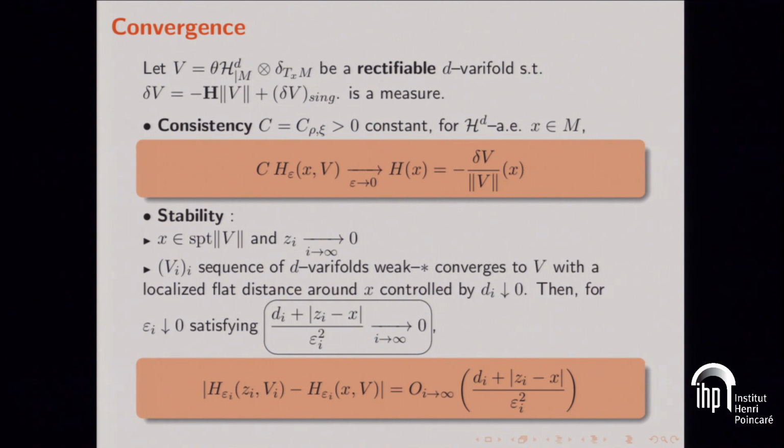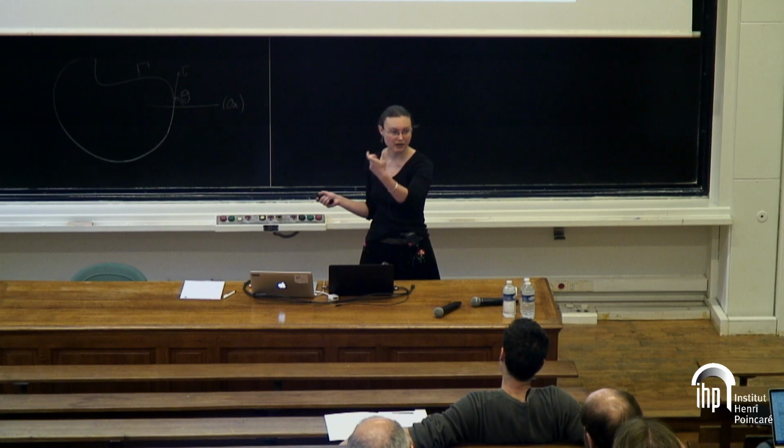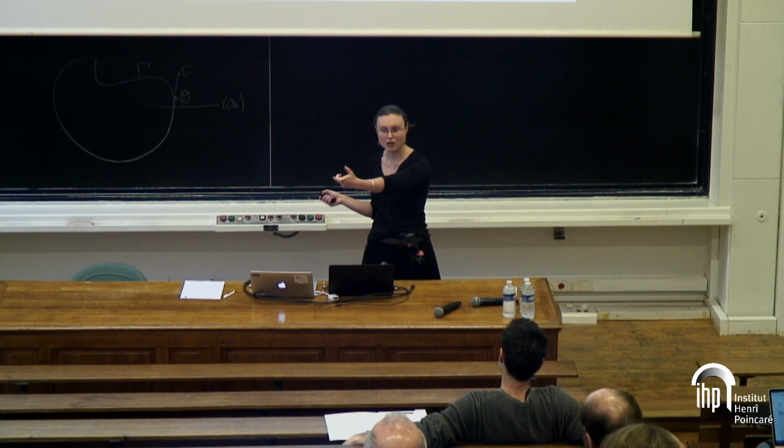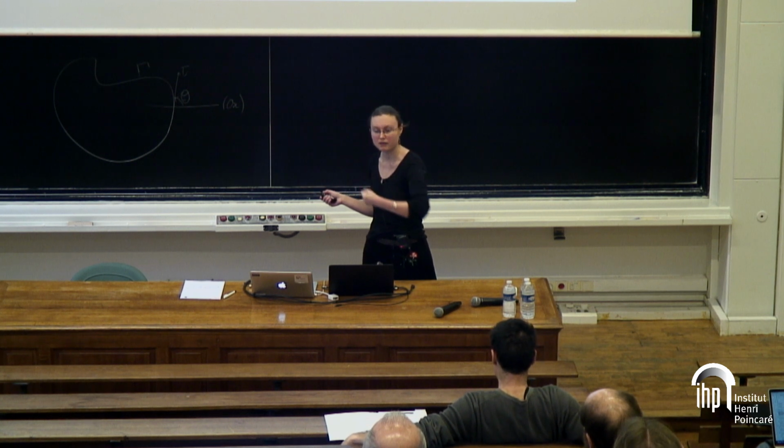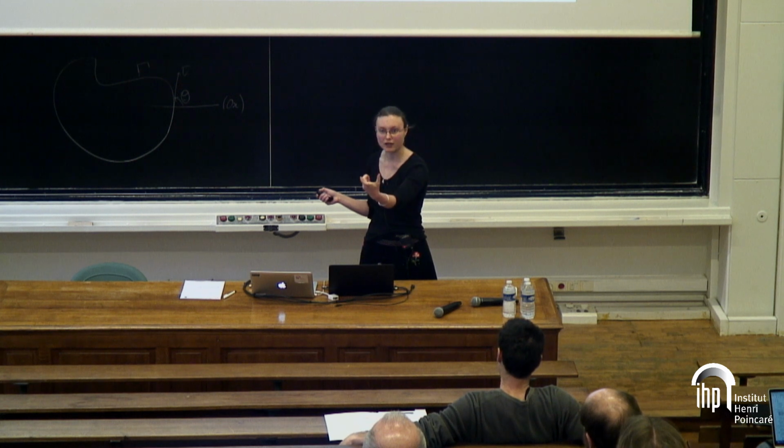The stability question. The question is, if I take a smooth varifold, or regular enough, and a sequence of varifolds, think of point clouds, but it could be any varifolds, that get closer and closer to my continuous object, for instance in flat distance, can I say that my approximate curvatures, both of the continuous object and the discrete one that approximates my continuous one, get close?